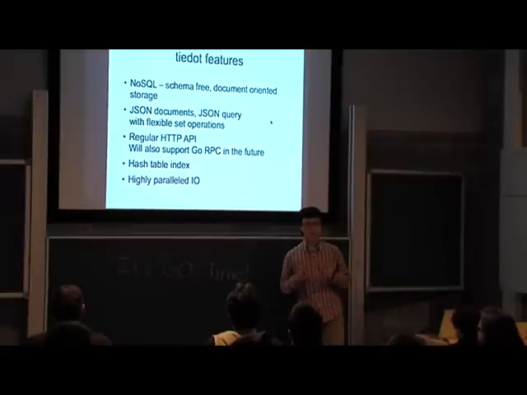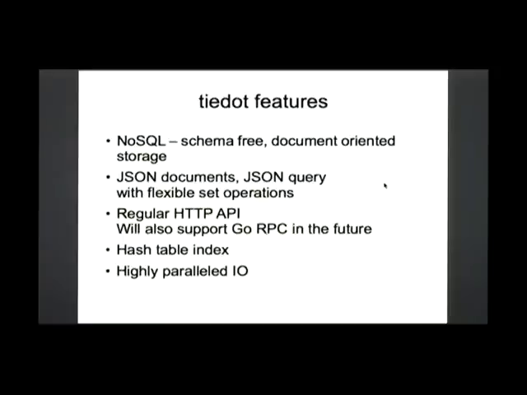So what are some of its features? To those of you who are familiar with document database engines, it's very much like CouchDB or Mongo, where you insert schema-free documents in JSON format and execute queries in JSON as well. At the moment, it supports hash index to assist in lookup queries. In the future, we will support range queries as well, hopefully by introducing some other index structures.